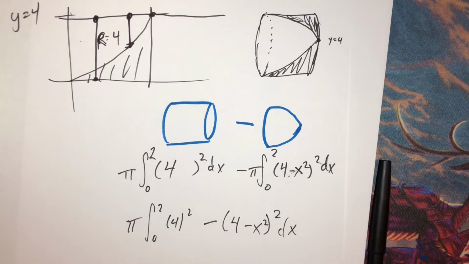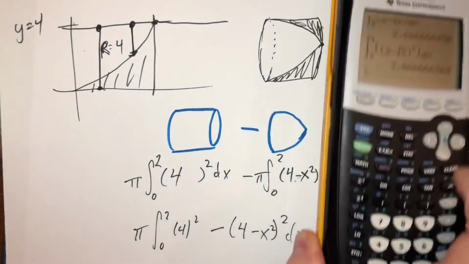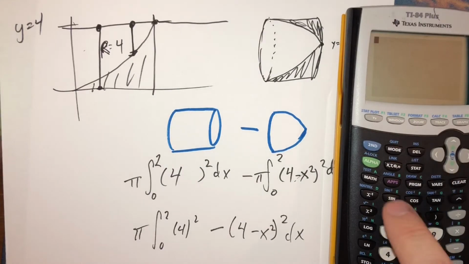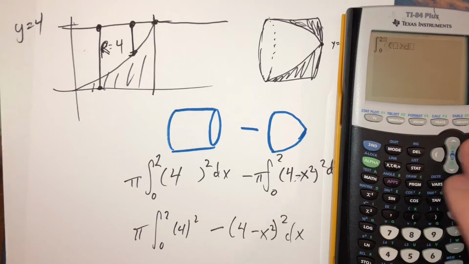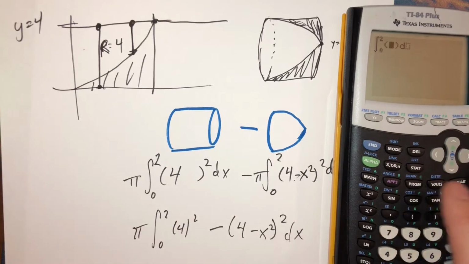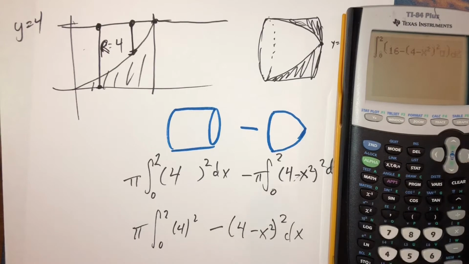So I can go in and type it, 0 to 2. Remember, I'm not writing pi. Wait, 4 squared is 16. Why don't I just write that? In general, the less buttons you have to press, the better. So cleaning up a 4 squared and writing 16 instead is usually going to save you heartache in the long run.